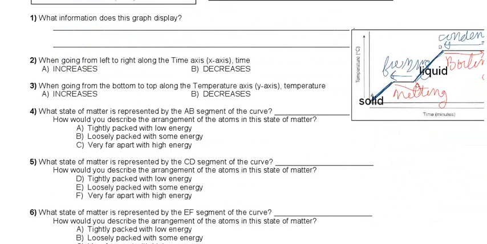So what does the information on this graph tell us? Well, the information on this graph tells us how the states of matter change. So how temperature influences the states of matter of different substances.